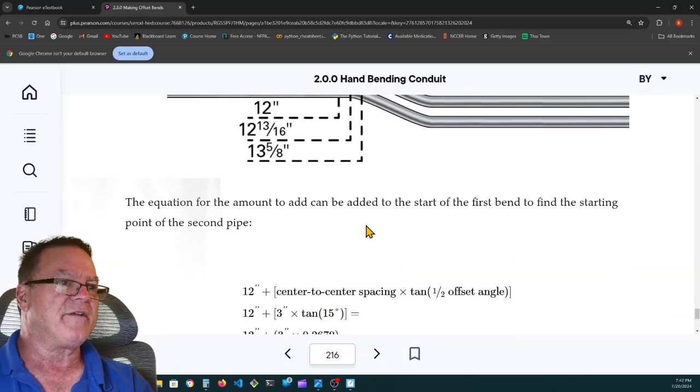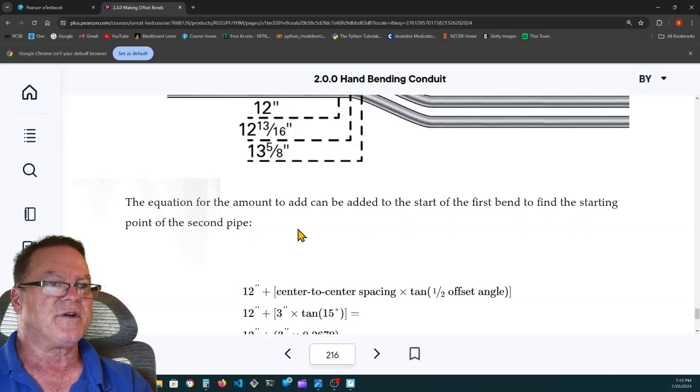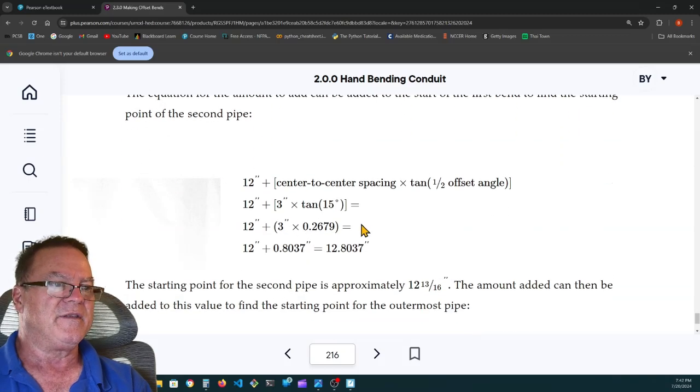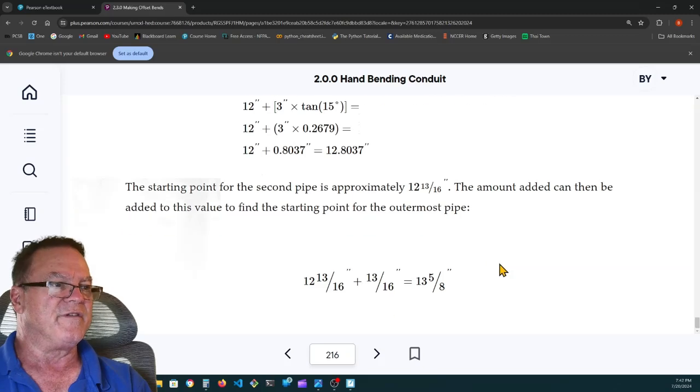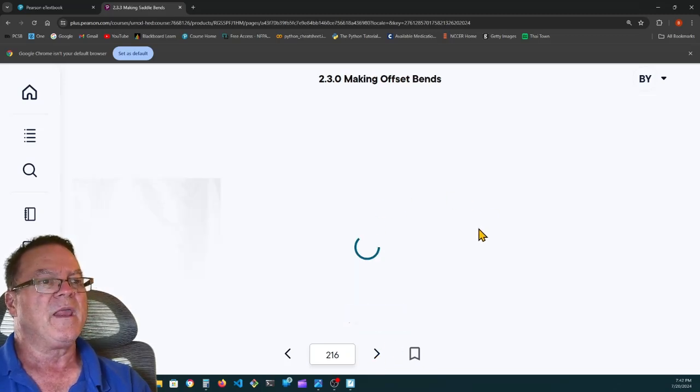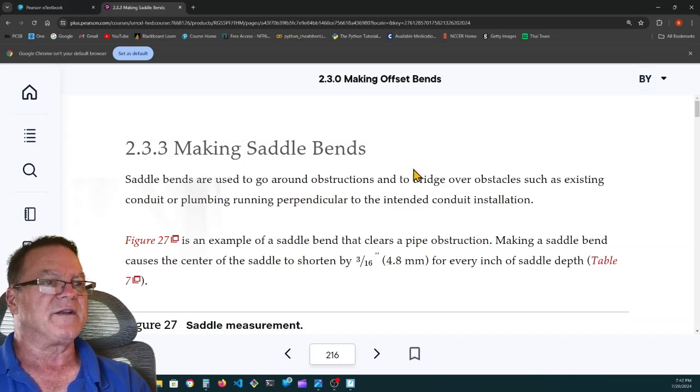The equation for the amount to add can be added to the start of the first bend to find the starting point of the second pipe. That's what they did. They added that twice, 0.8037. The starting point for the second pipe is approximately 12 and 13/16. The amount added can be added to this value to find the starting point of the outermost pipe, 13 and 5/8. That's a skill that'll take practice.